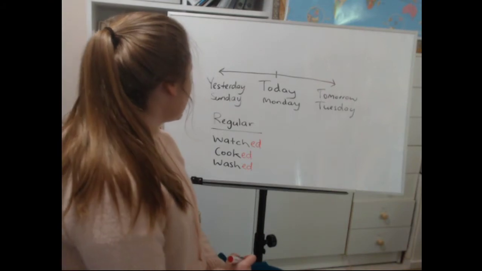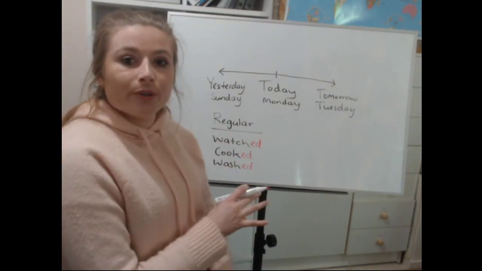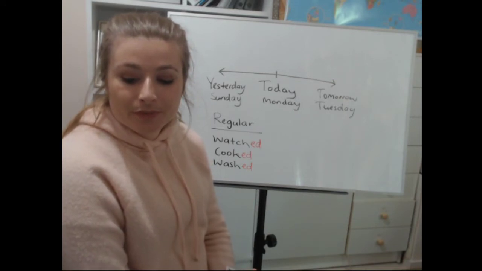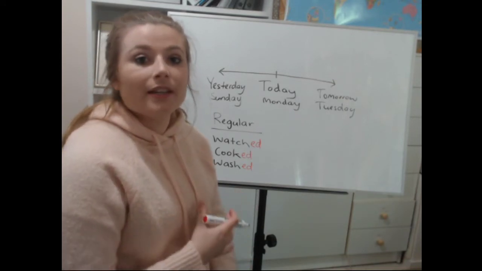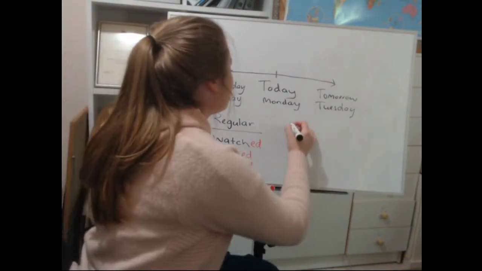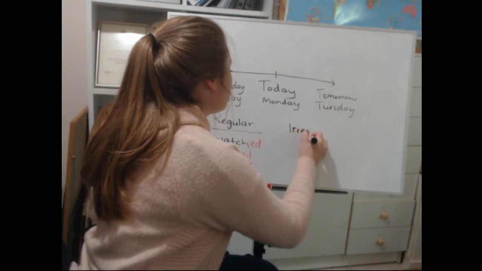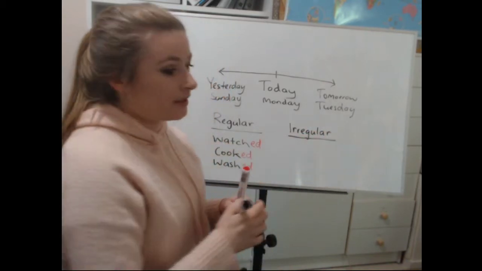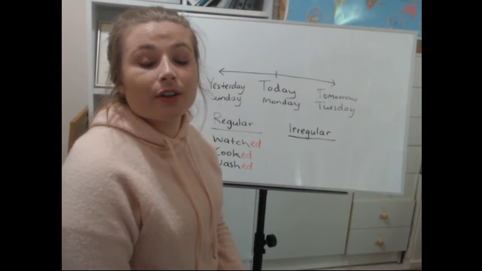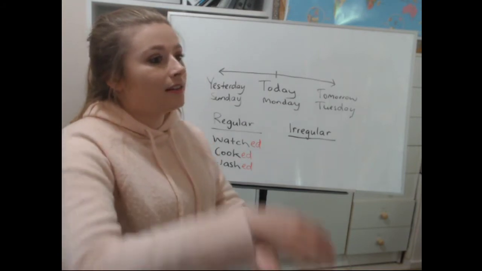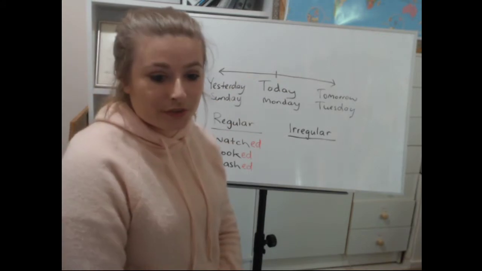Okay. Now not all verbs follow this rule, as there are many irregular verbs. Now we're just going to look at a few examples today, but there's a huge list of them.